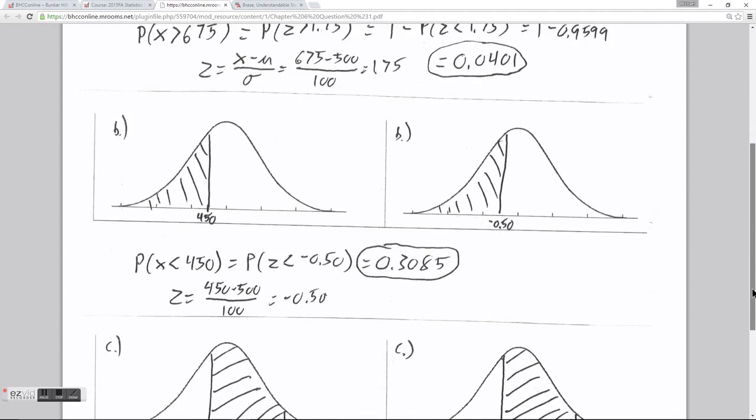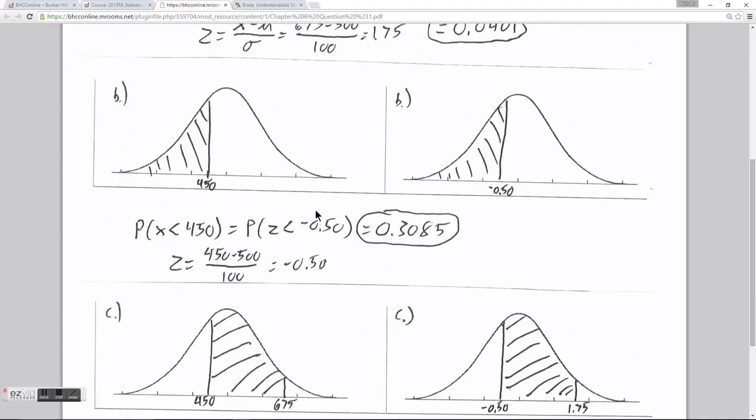Moving down to part B, I'm asked to find the probability that a student scores less than 450 on the SAT. The probability that x is less than 450 would be to the left in this case, so I'm looking for the area under the normal curve to the left of x is 450.